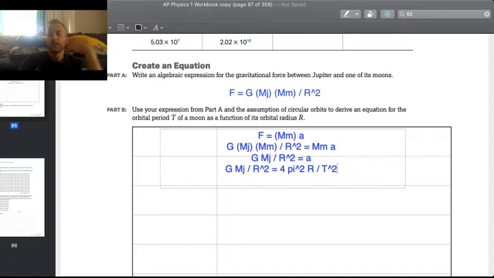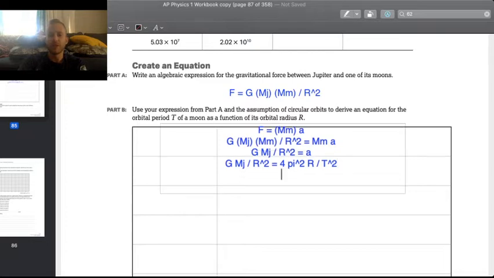Okay? So then what we do is we just cross multiply, and we get G times the mass of Jupiter times the period squared equals 4 pi squared R cubed. So we called that Kepler's law. So I've just reviewed the derivation of Kepler's law.